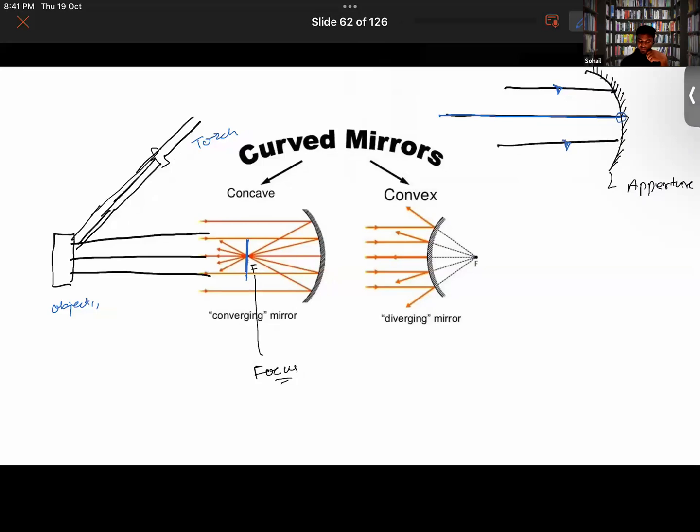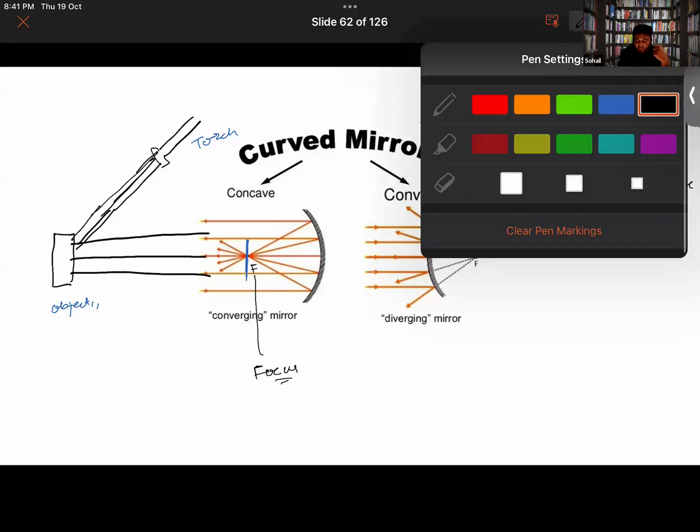And this point here is the middle point of this aperture. We call it the pole. And the line perpendicular on this pole will be called the principal axis.